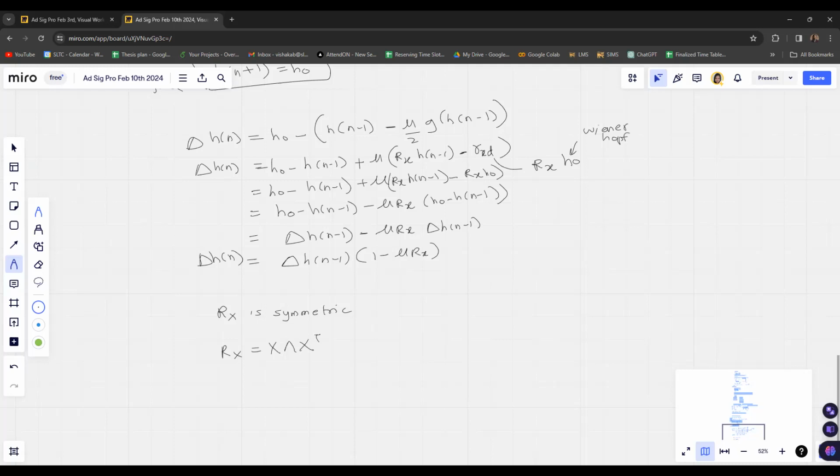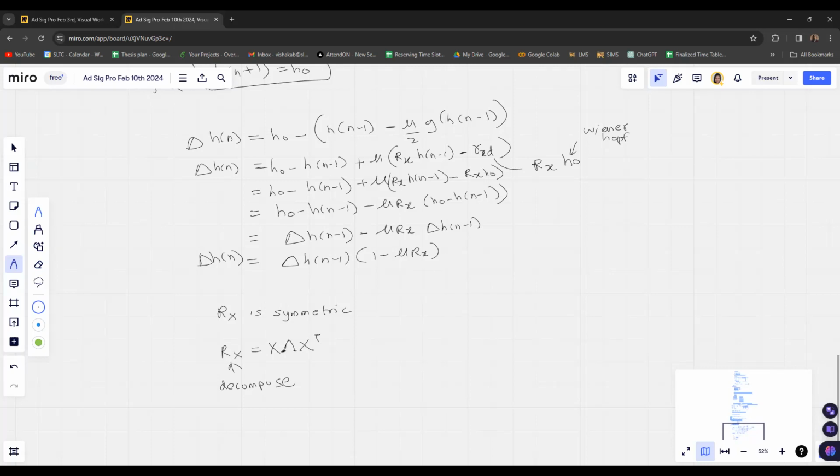That means that we can decompose this Rx matrix into 3 other matrices: X, this lambda, the symbol we consider for lambda, and then X transpose.